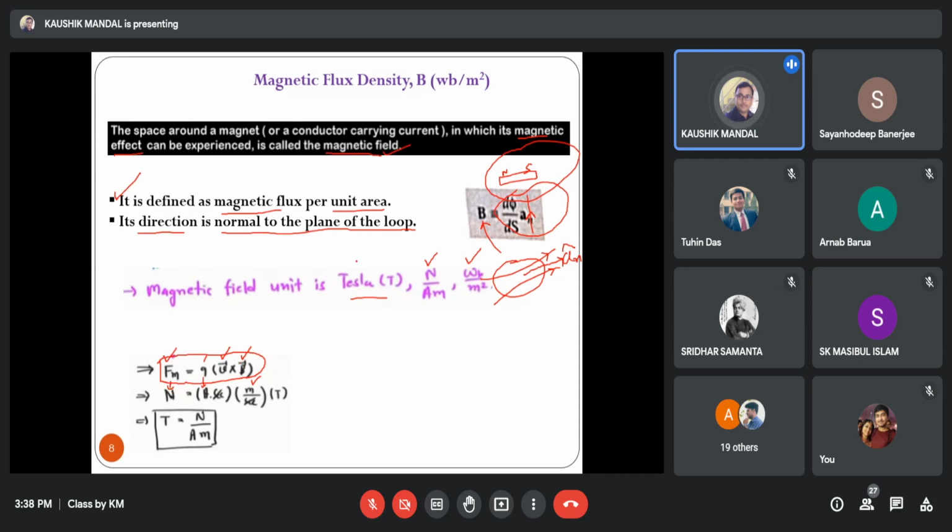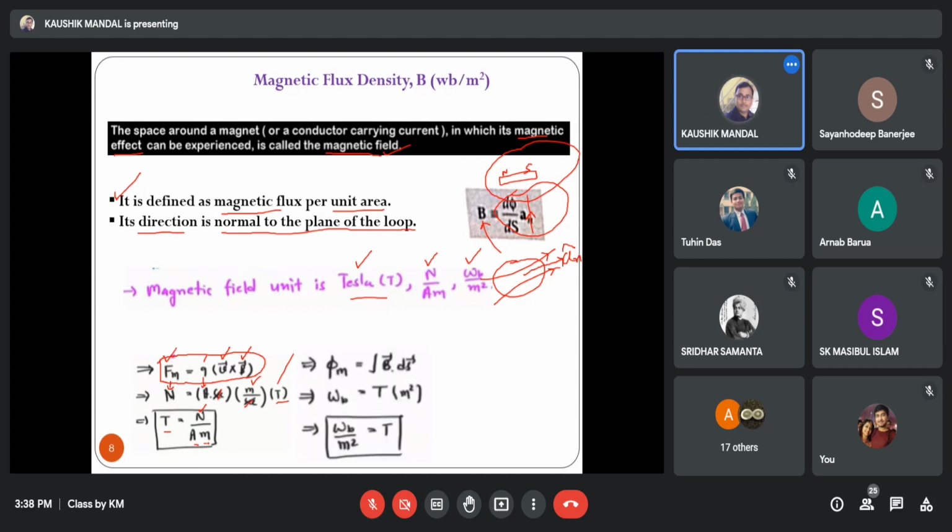We are considering that the unit of B is Tesla, that is T. Now this second is cancelled. So what will be the Tesla? Tesla will be equal to Newton divided by ampere into meter. So the unit of the magnetic flux density is basically Tesla. Tesla is nothing but the Newton per ampere meter.